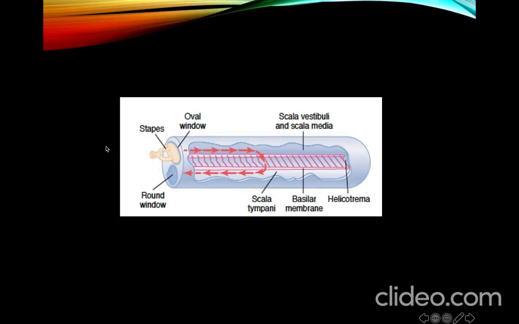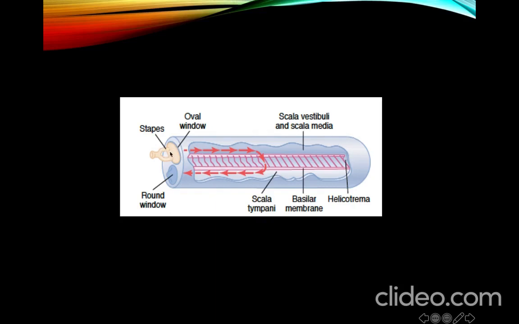Okay, we have discussed the sound wave up to the stapes footplate, which is attached to the oval window. Whenever the sound wave reaches the stapes footplate, it causes the footplate to bulge towards the oval window. The cochlea is basically a closed compartment.